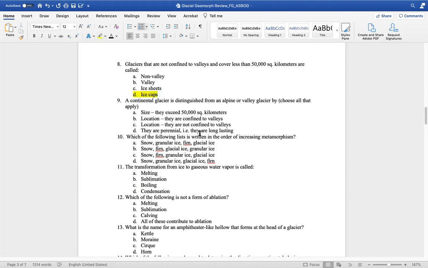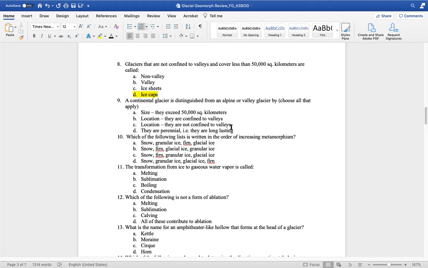Okay. A continental glacier is distinguished from an alpine or valley glacier by choose all that apply. So I guess if you didn't know the answers to the other ones, you'd be able to get that information down here.